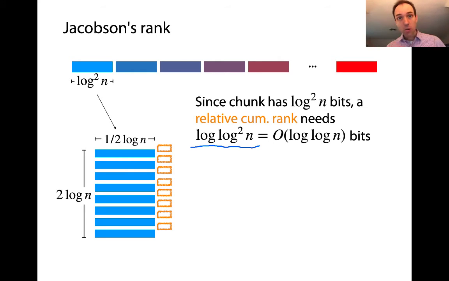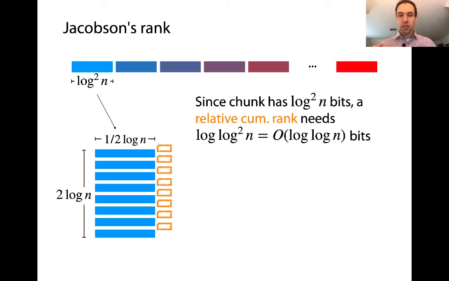Now the outer log, the left-hand log here, means that the 2 can come down as a multiplicative constant, and once we put big O around it, the multiplicative constants disappear, and so what we get is big O of log log n bits. So because it's a relative cumulative rank, we don't need log n bits in order to store it. We only need big O of log log n bits to store it.